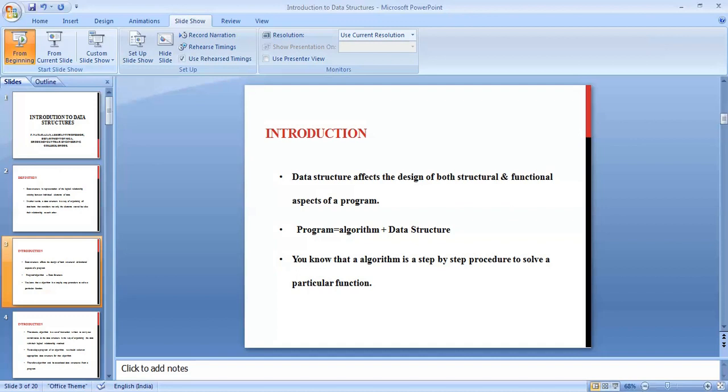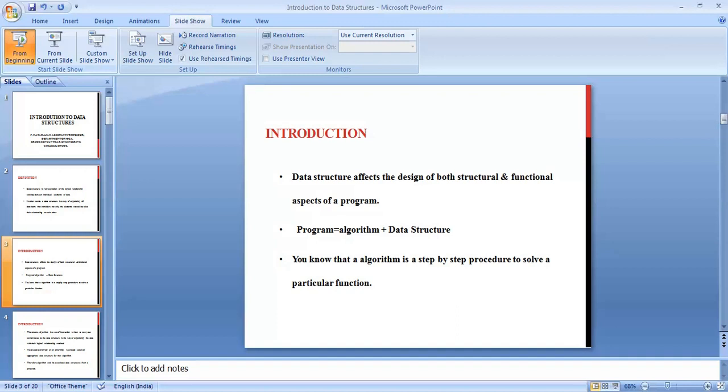Okay, so the next point is, to develop a program of an algorithm, we should select an appropriate data structure for that algorithm. Later we will see what data structures there are, and how we choose a particular data structure for a particular program, for a particular situation.